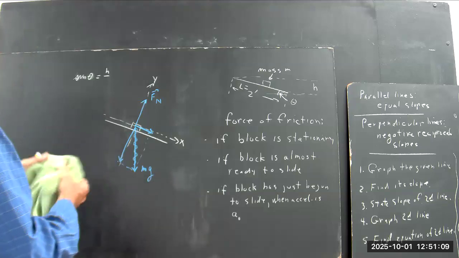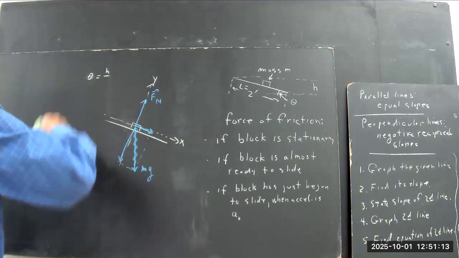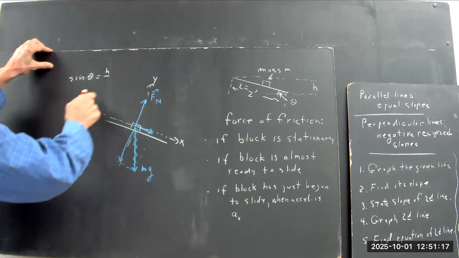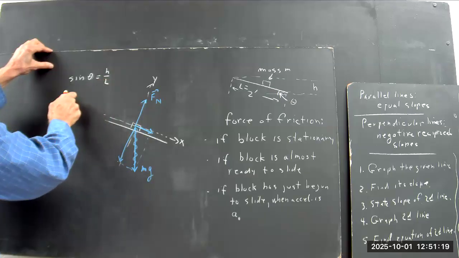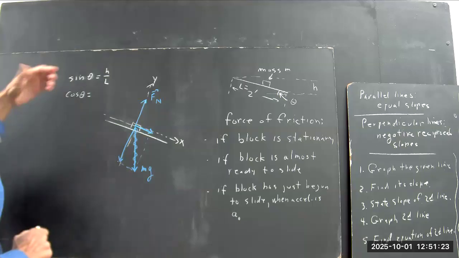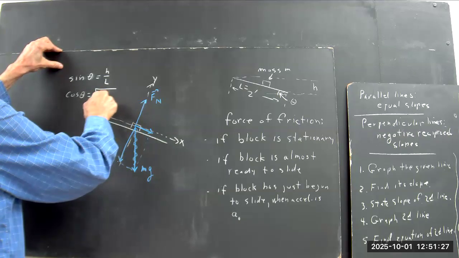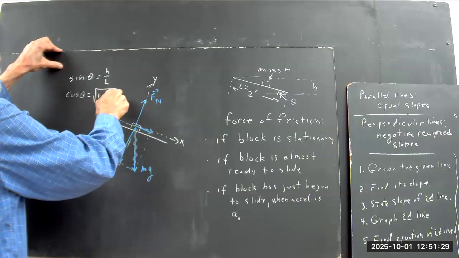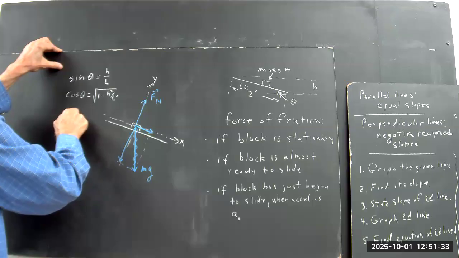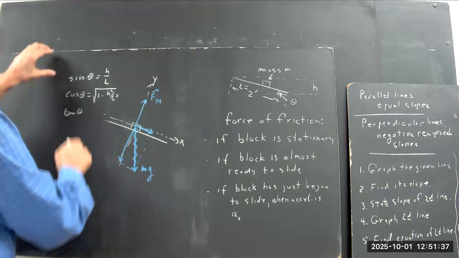I can't read that. Not everybody even knows how to read script. Sine of theta equals h over L. Cosine of theta is the square root of 1 minus the sine squared of theta. The tangent of theta is the sine over cosine.